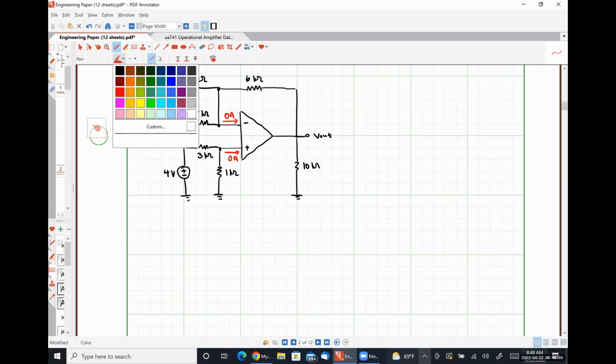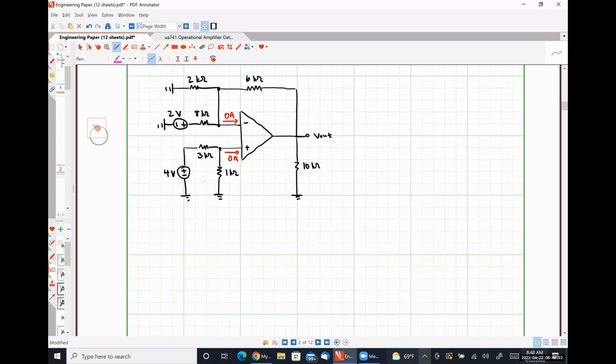And our goal now is to find this voltage V plus, which, as a quick reminder, this is always the non-inverting input terminal voltage measured with respect to ground. Is that cool? Any thoughts on how we might solve for that voltage?